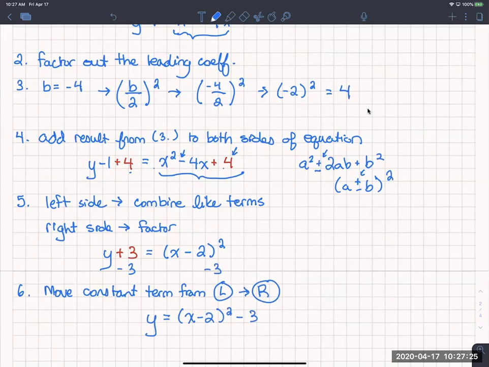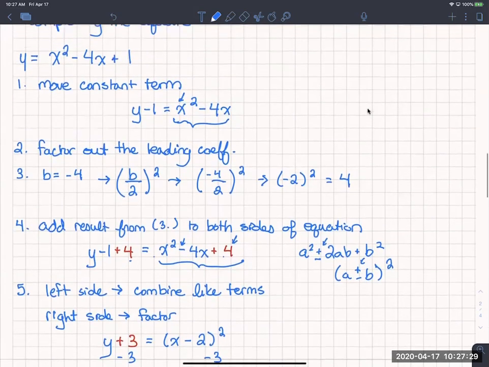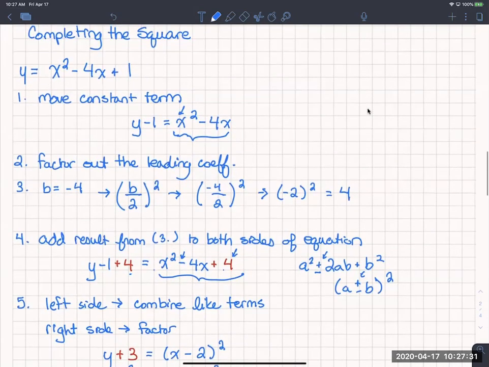So just to recap, the first thing we did was move the constant term to the opposite side, so we subtracted 1 from both sides. Then if we had a leading coefficient other than 1, factor that out.